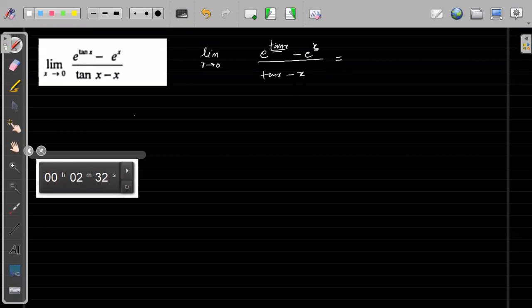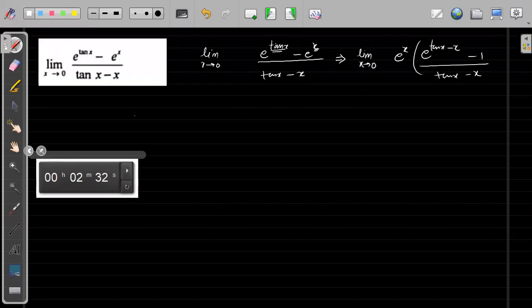So this can be written as limit of x tending to 0, e to the power x, which I will take common from the numerator, so this will become e to the power 10x minus x, minus 1, divided by 10x minus x. As x tends to 0, 10x minus x also tends to 0.